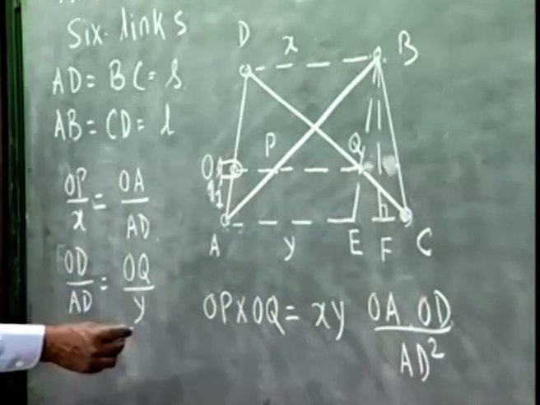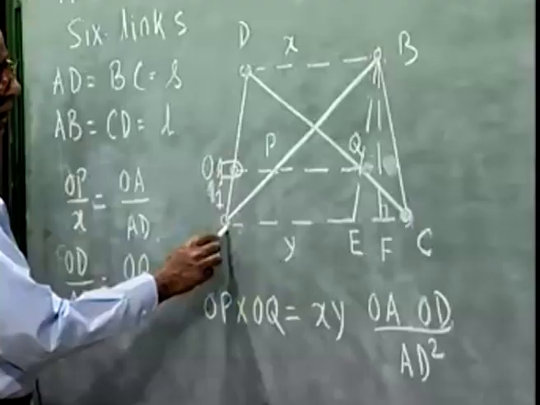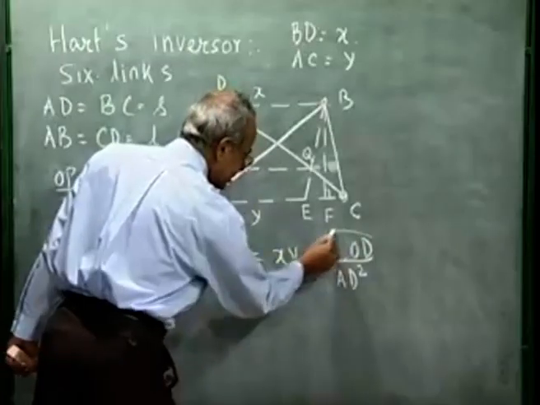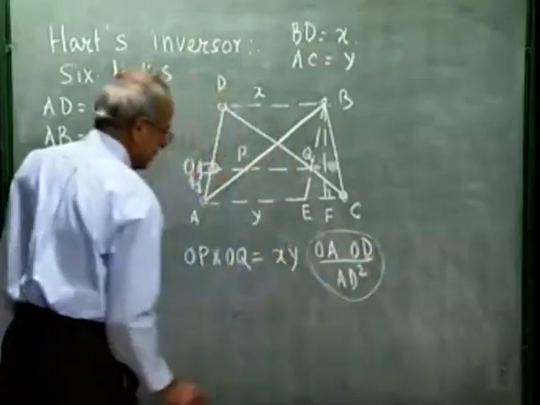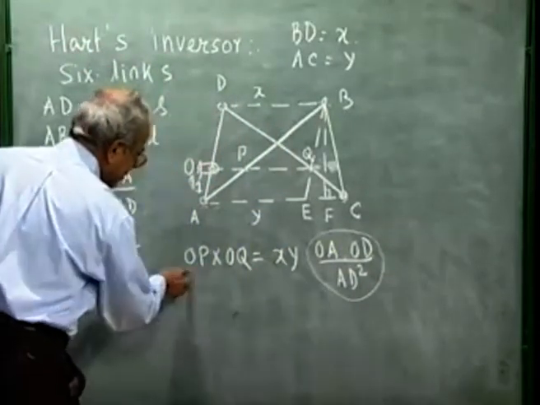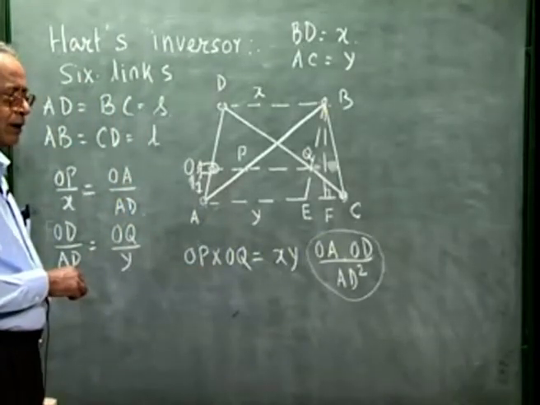Now, in these expressions, as you see, when this figure is deformed, the link lengths OA, OD or AD never change. So, this factor is a constant. So, if we can show that XY remains constant, that will imply OP into OQ also remains constant.